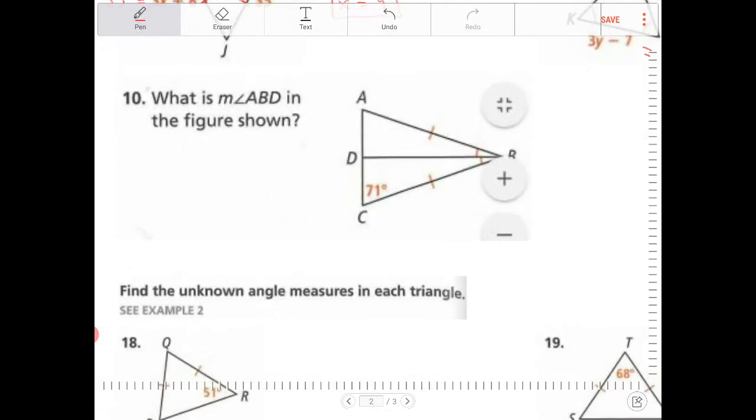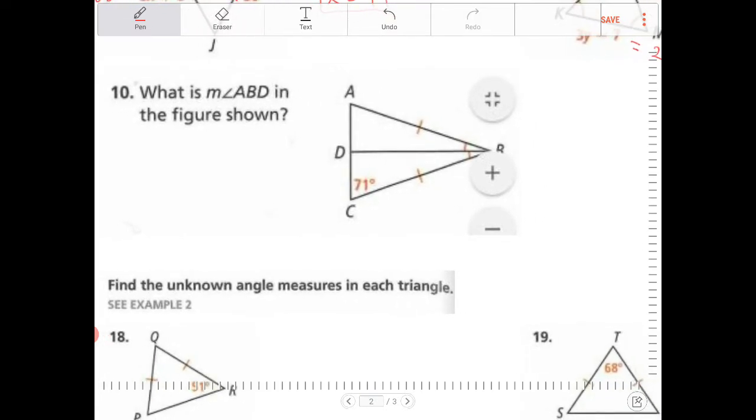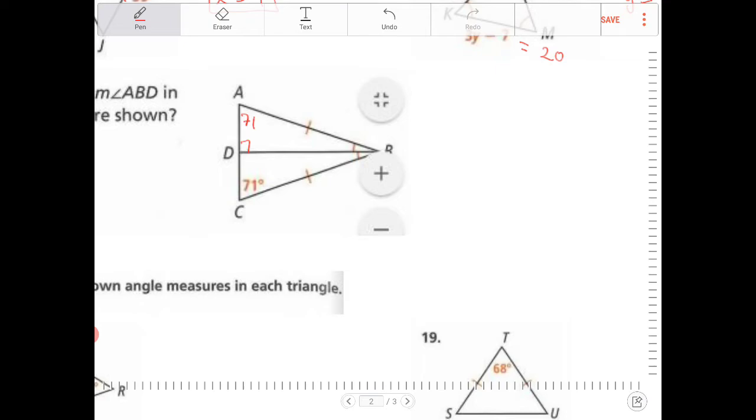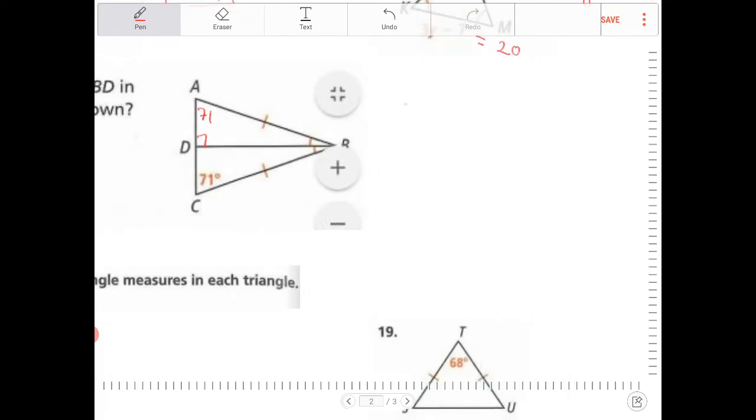What is angle ABD in the figure shown? Angle ABD, so this is an isosceles triangle. This is 71, and the angle at the vertex is bisected. So therefore this must be a 90-degree angle. So I'm going to call this angle here x.